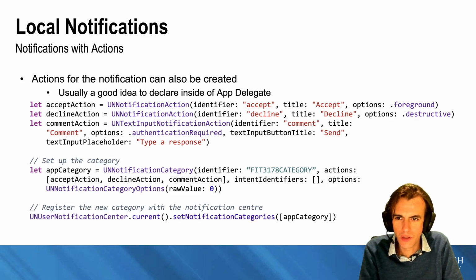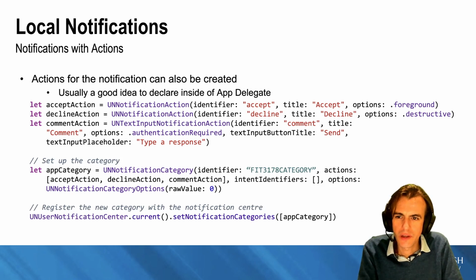We do it using a UN notification action. We have identifiers for each, titles, and the options, again, a bit like with action sheets that we looked at in a previous workshop a couple of weeks ago. The ones that are destructive, that would cause things to be lost, are marked in a particular way so that UIKit can display them as such.